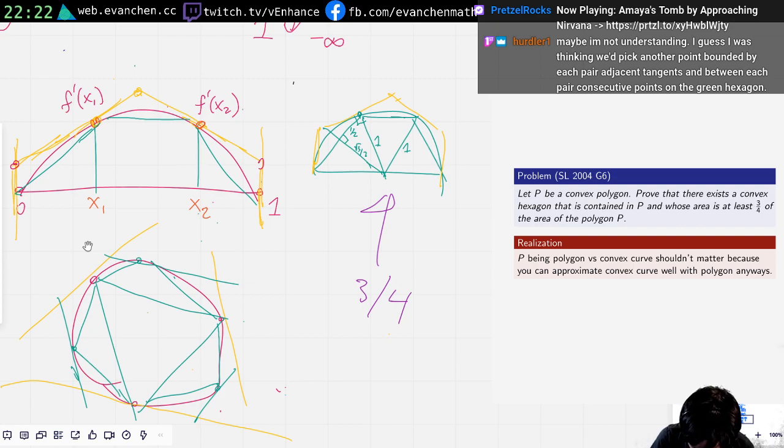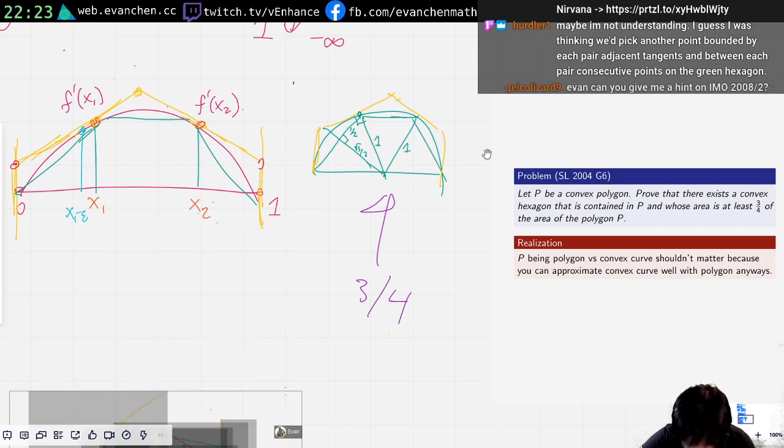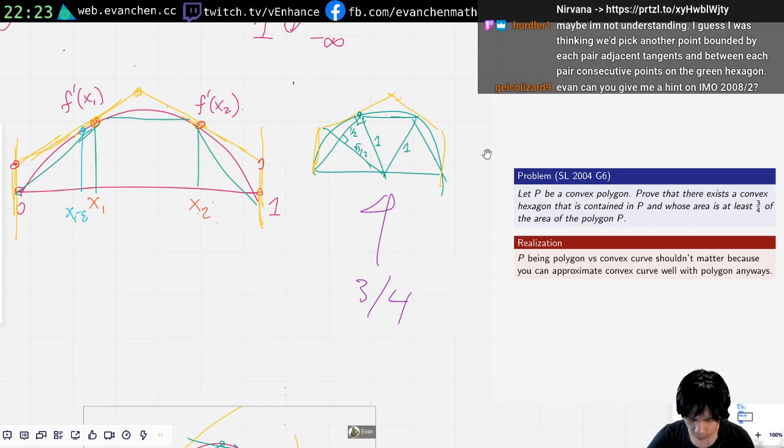So for example, if I have a configuration like this, and I replace x1 with some x1 minus epsilon, what would happen? I'm going to move this picture down for a moment. So let's give these names.